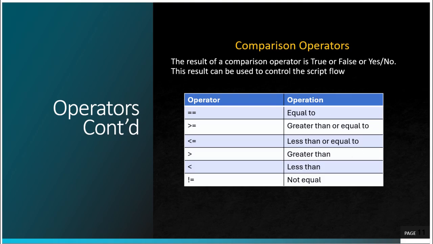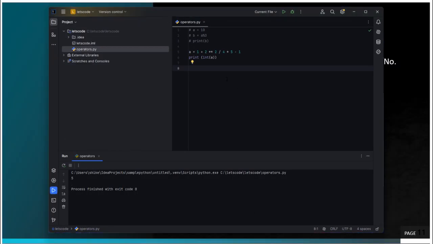What we'll do is look at it with examples so that we better understand it and the complete concept is clear for us. Let me bring up my IDE again. I'm just going to comment this out.